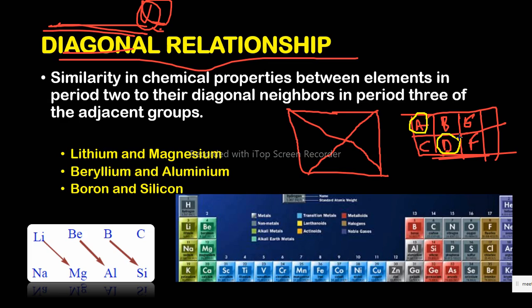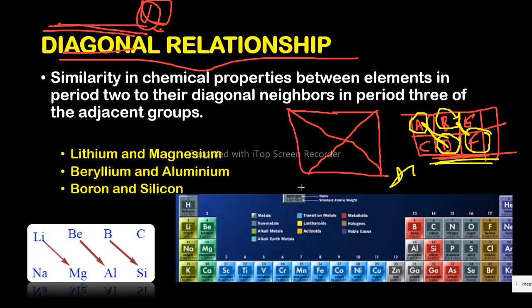In their properties, you can see A and D are diagonal. Even B and F, they are also diagonal, as you can see. So if these diagonal neighbors share some things in common, okay, then we shall call this a diagonal relationship.